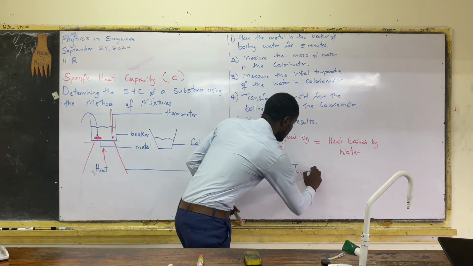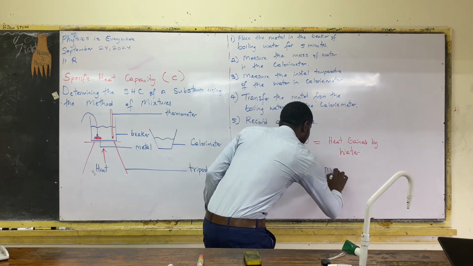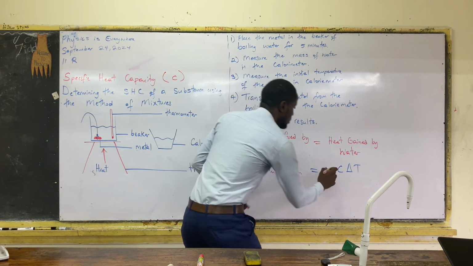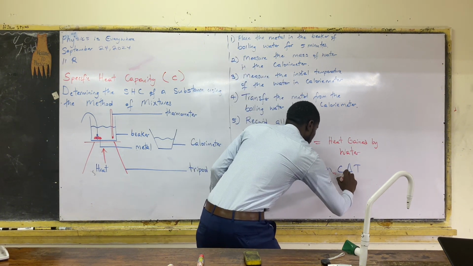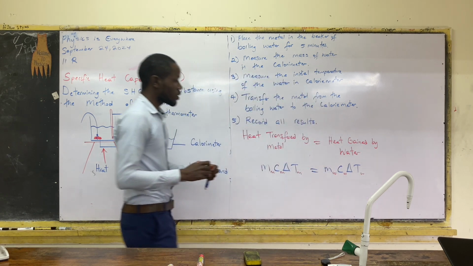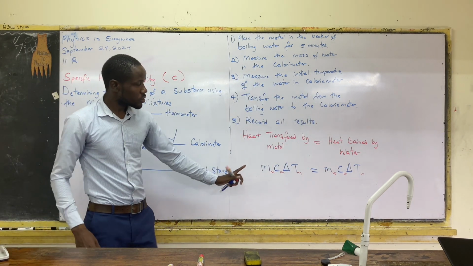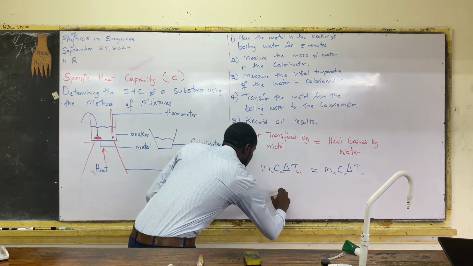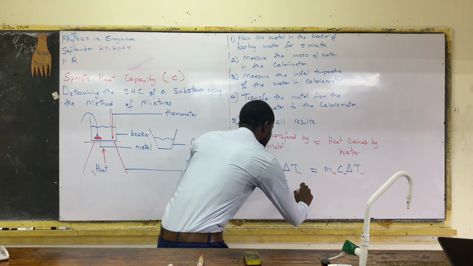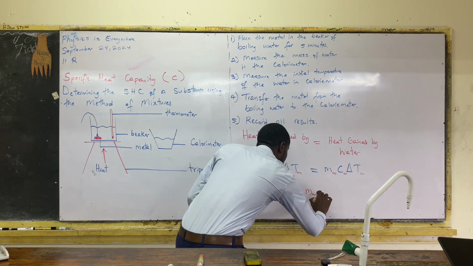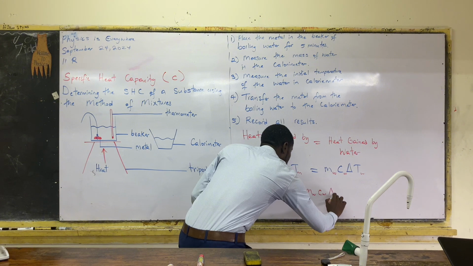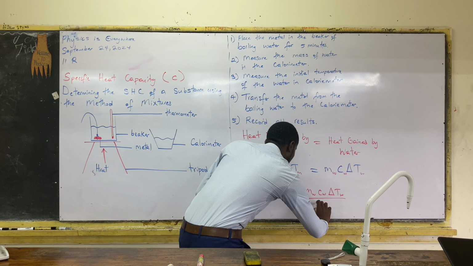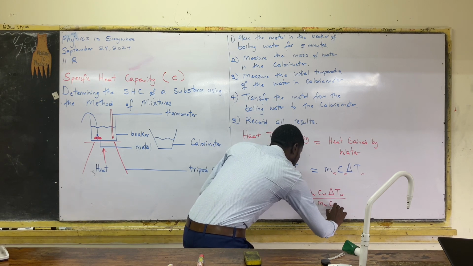That will be equal to mcΔT, but for water, so we say w. Then we can transpose to make this the subject. So we get cm is equal to mw cw ΔTw, and we divide by mm ΔTm.